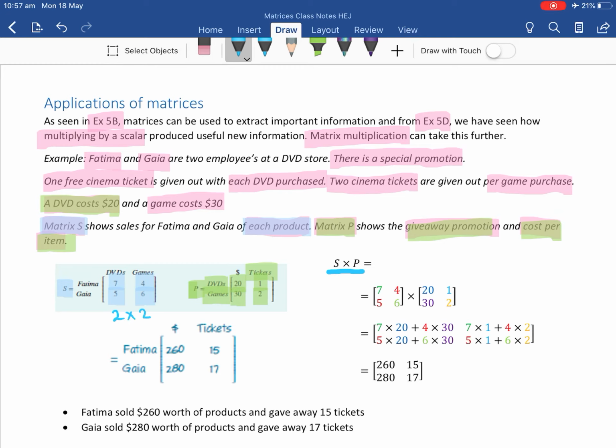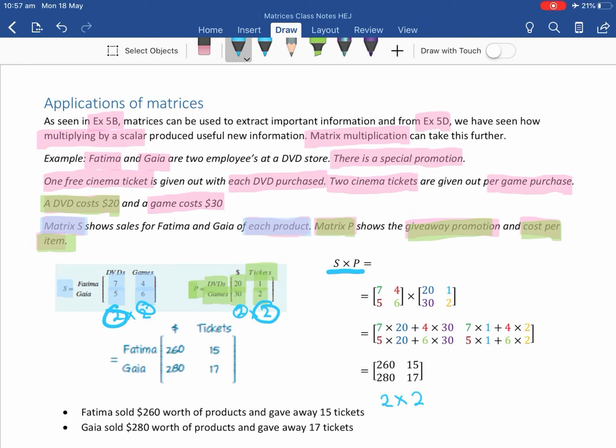So this is a 2 by 2 matrix and this is also a 2 by 2 matrix. The fact that the inner numbers are the same means we can multiply them, and we should get a 2 by 2 matrix at the end, which over here is the answer. So 2 by 2, yes, we have got that order of matrix.